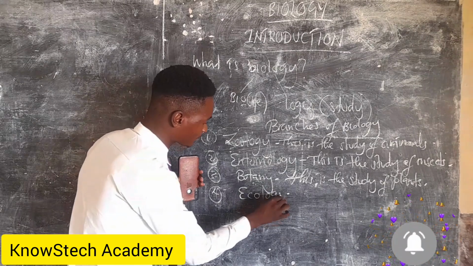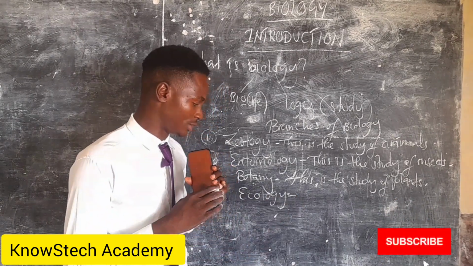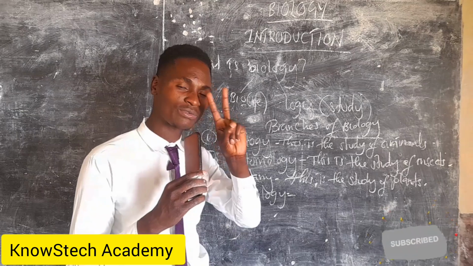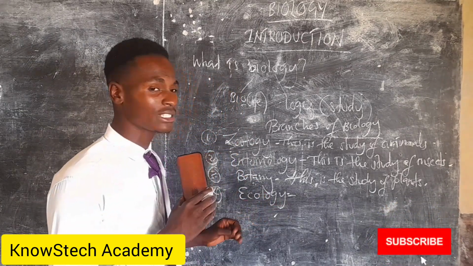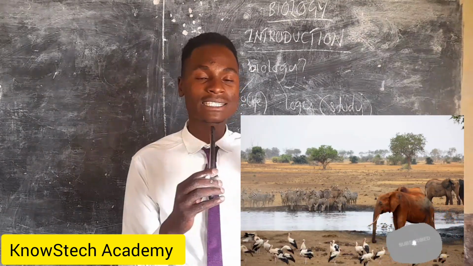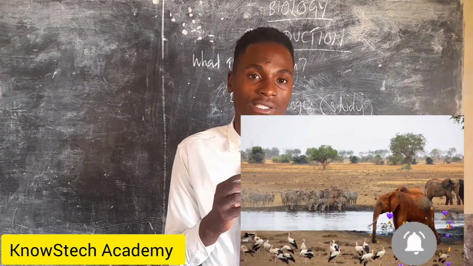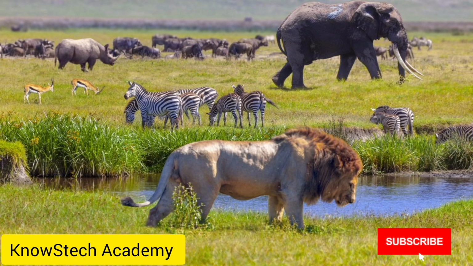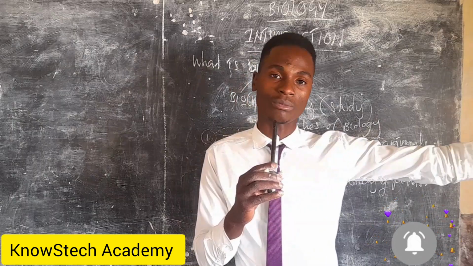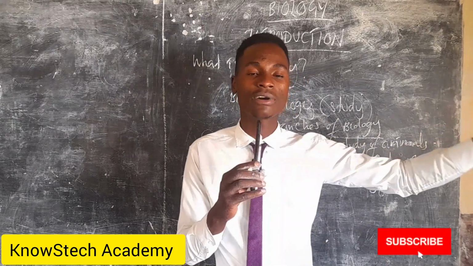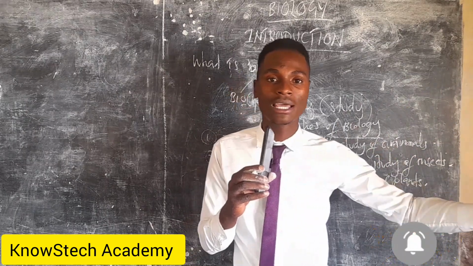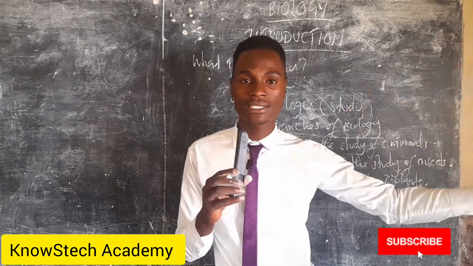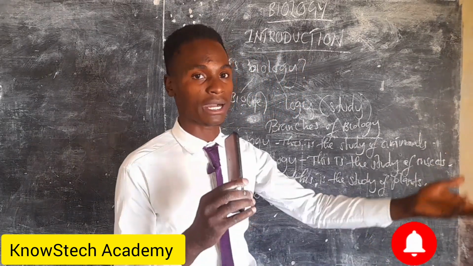We also have ecology, which is also a combination of two words, eco and logy. So now, what is ecology? Ecology is the study of interactions of living organisms with each other and with the non-living environment. Examples of non-living environment are rivers, lakes, ponds, and parks like national parks or game parks.